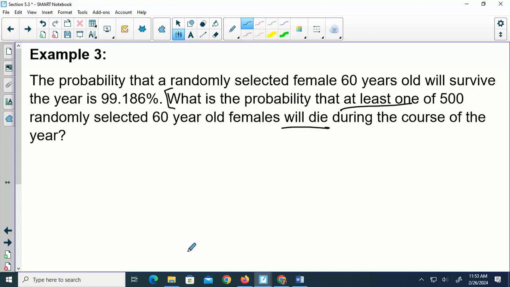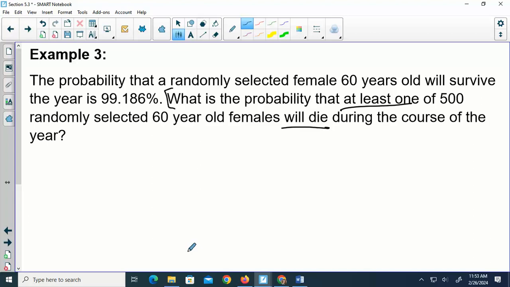What's the opposite of at least one person dying? Okay, close. The total opposite of at least one would be all 500 live, right? So we really need the probability of everything except that scenario where all 500 people live. So that's a complement. Remember we talked about complements, they're opposites. How do we find a complement? We subtract it from 1.